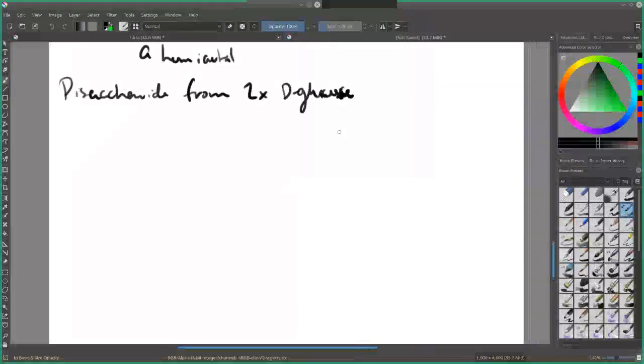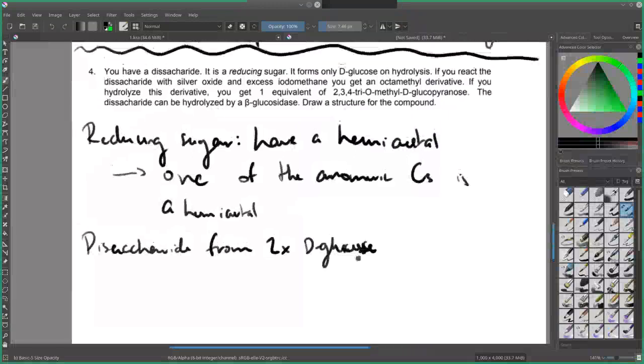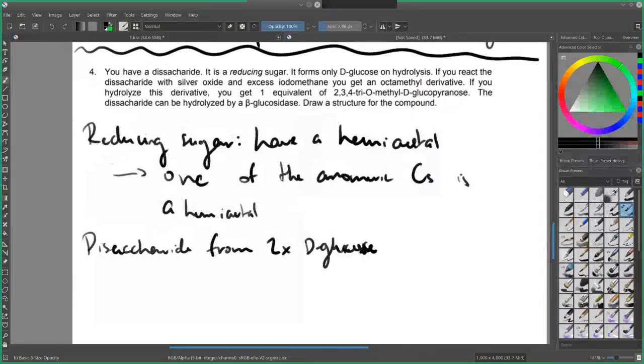All right, okay, I've got plenty of space. So let's see. If we react it with silver oxide and excess iodomethane, okay? So what does silver oxide do? Does anybody remember? We didn't talk about this one explicitly this time, but you've seen it before.